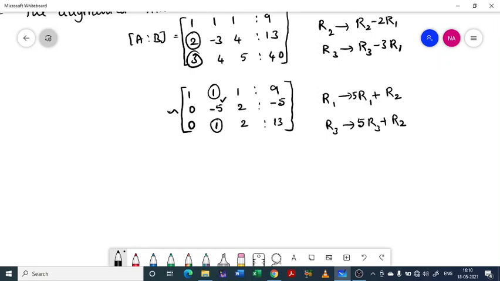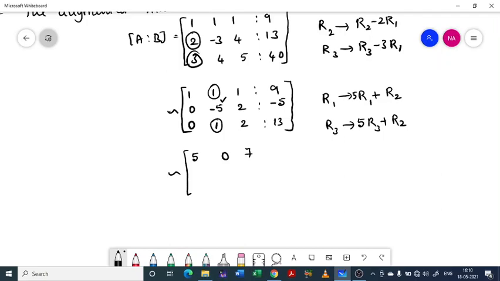Now applying these operations, the given matrix will be equivalent to, so first row 5, 0, 5, plus 2, so it will be 7.